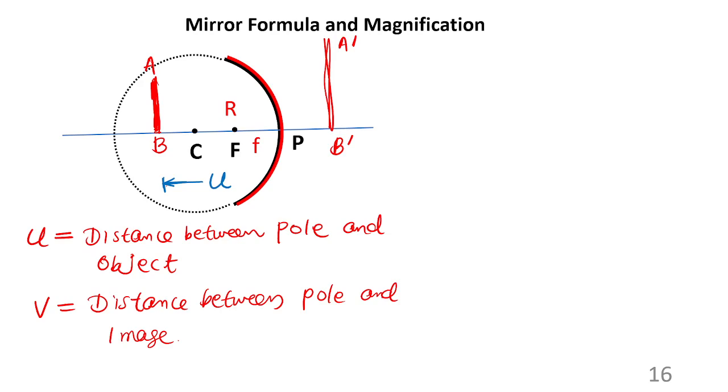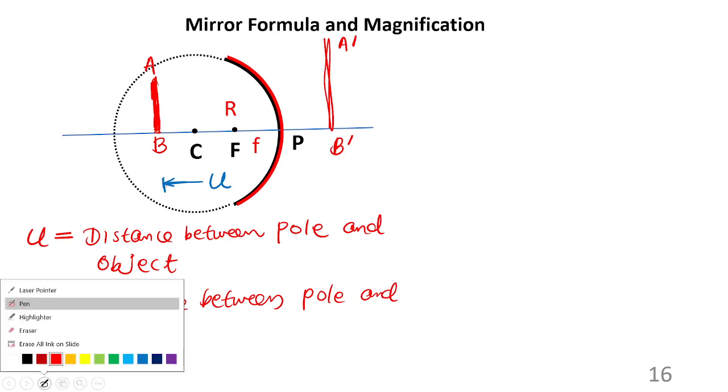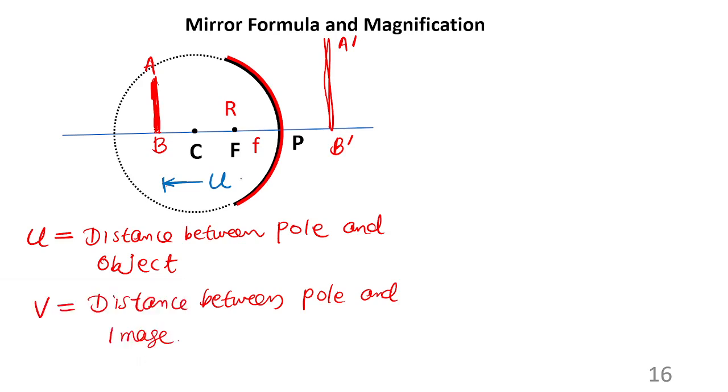The position of the image will be changed as the position of the object changes. Okay, just for your understanding. Let me draw like this. So V is the distance between what? Distance between pole and image. A dash B dash is the image, right? So V will be this distance. V is the distance between pole and image. All the horizontal distance are measured with respect to pole.